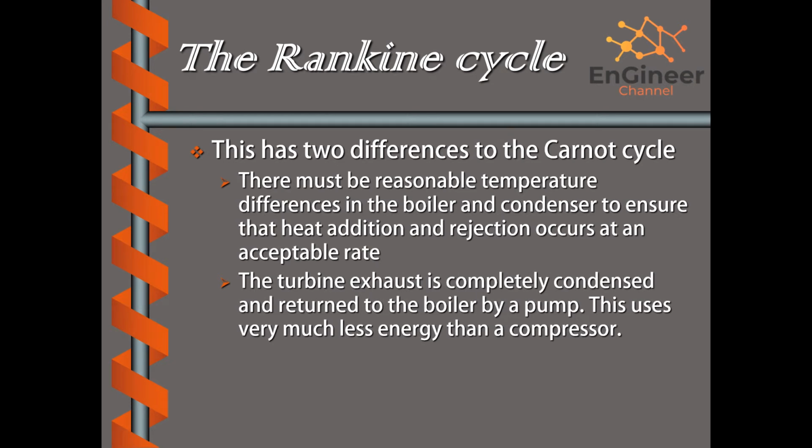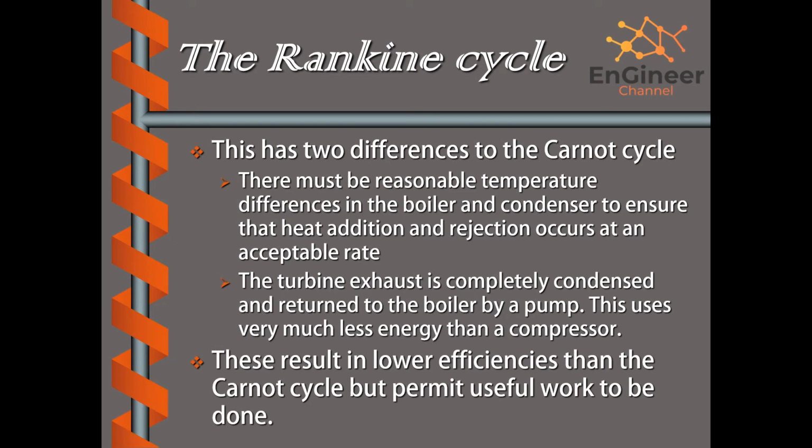The turbine exhaust is completely condensed and returned to the boiler by a pump. This uses very much less energy than a compressor. These result in lower efficiencies than the Carnot cycle, but permit useful work to be done.